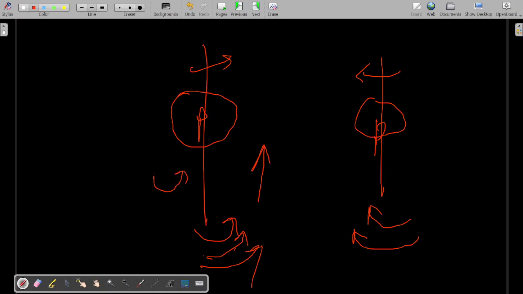You have to imagine in 3D. So according to the right hand thumb rule, the direction of the thumb will be this, and over here the direction of the thumb will be downward. In one case the thumb is upward, and in the other it is downward, according to the right hand thumb rule.